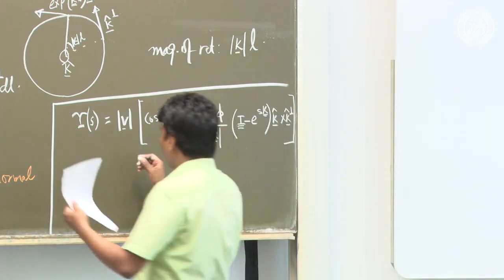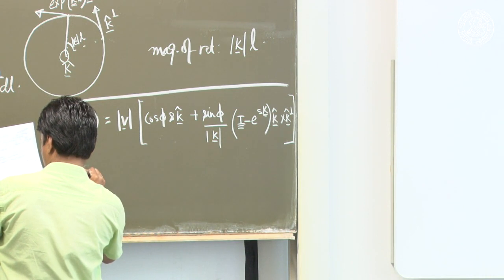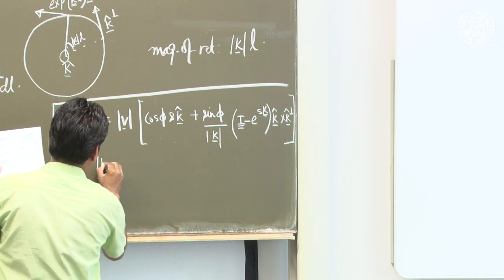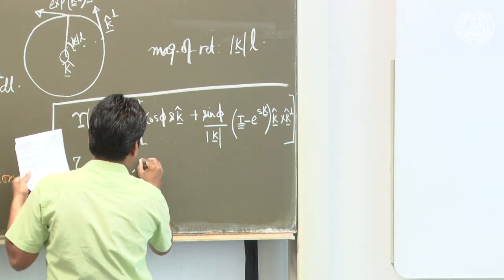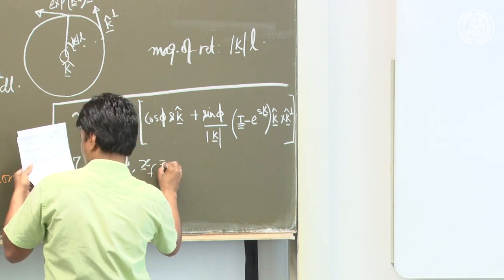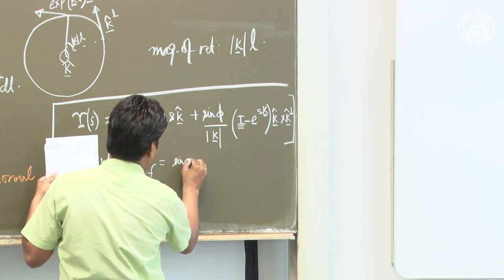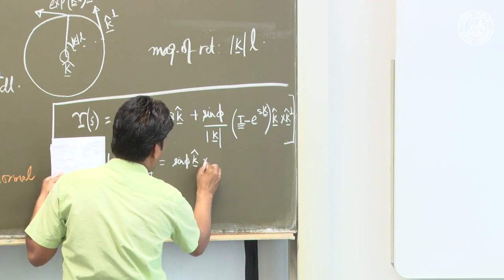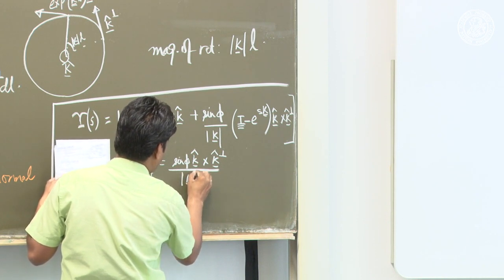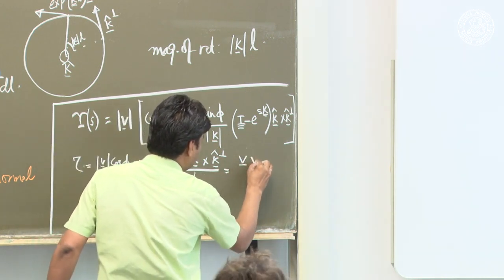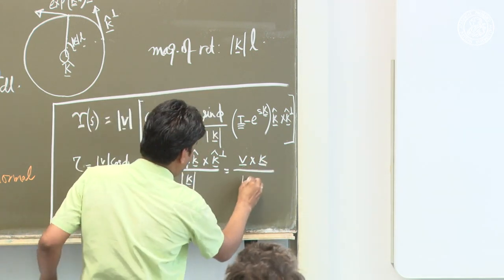You can also define some new quantities, tau, which is v cos phi, and xf, which is sin phi of k hat cross k hat perp divided by k, which is actually same as v cross k divided by norm of k square.